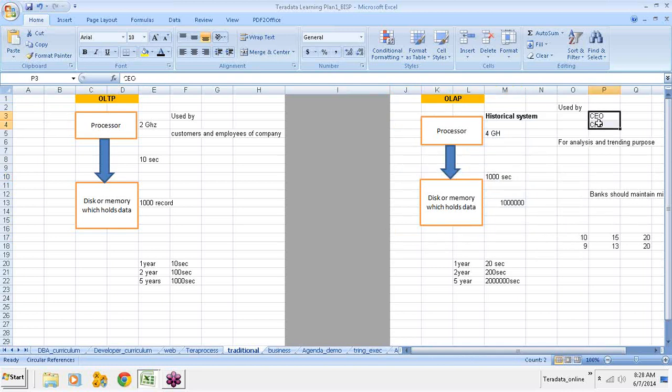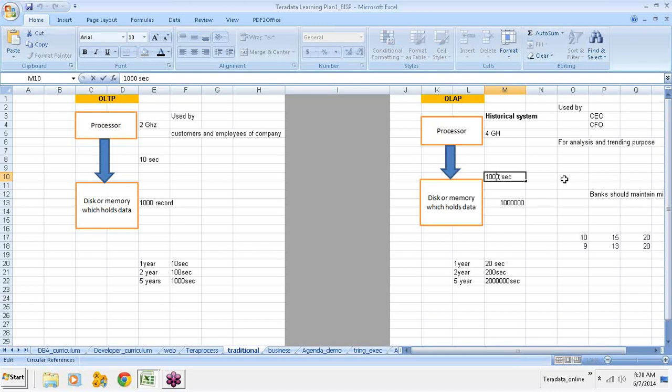All the CEOs, CFOs, CTOs get these analytical reports. Shall we ask them to wait for so many seconds for the same report which they used to get within 10 seconds? No, right? So we have to have a solution here.